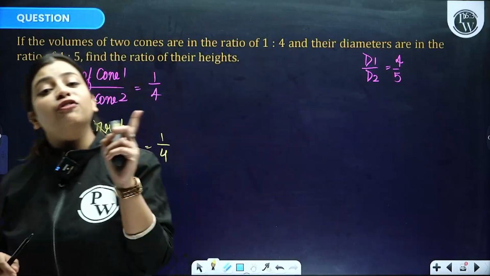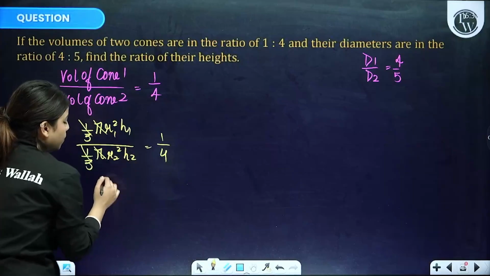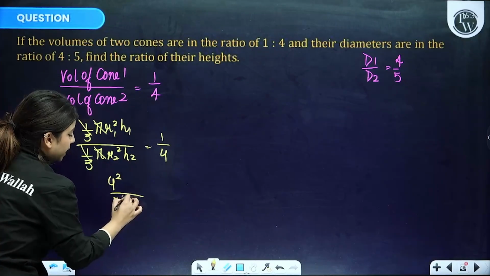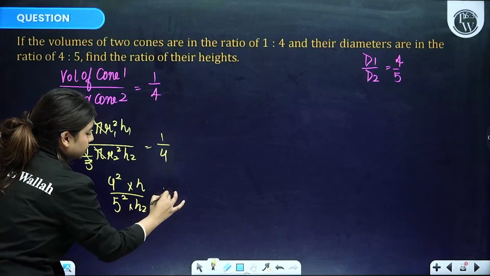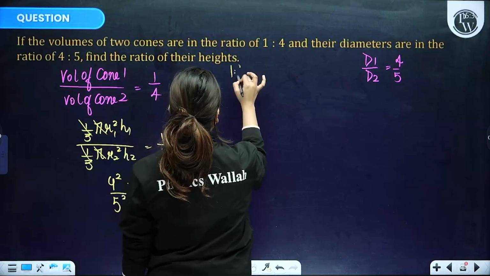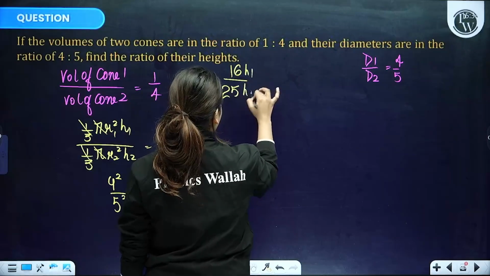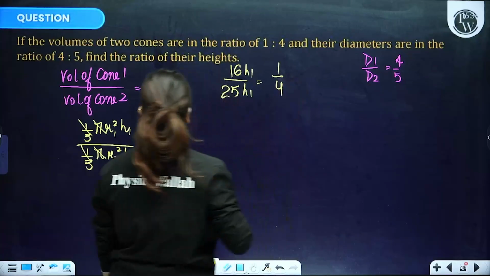The ratio of radii will also become 4:5. So radius 1 will become what? 4 square upon 5 square into h1 upon h2 is equal to 1/4. What is 4 square? 16. What is 5 square? 25. h1 upon h2 is equivalent to 1:4.